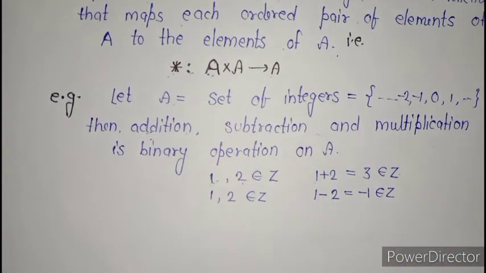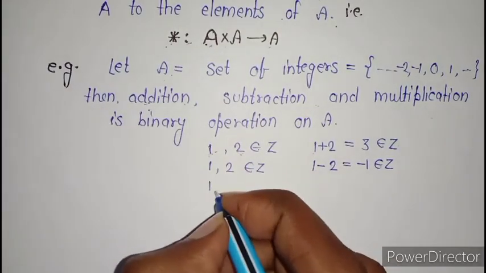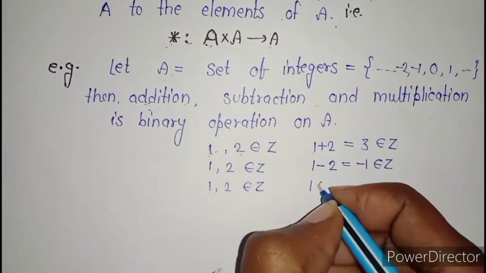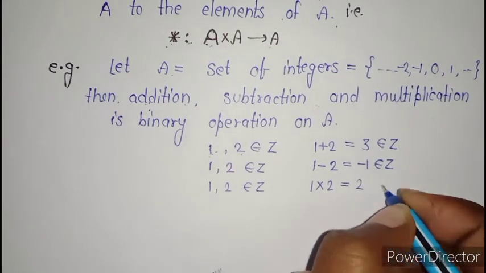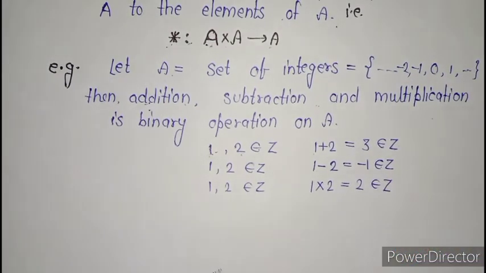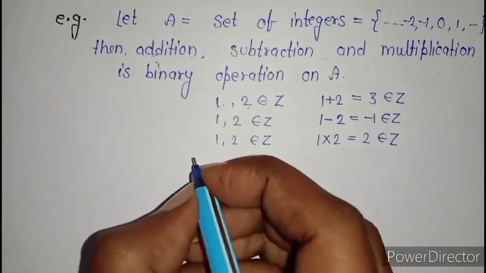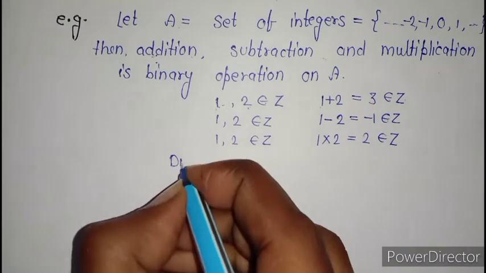For the same elements, if we see multiplication as a binary operation, then 1 into 2 is 2, which is again an integer. But if we take division, then division is not a binary operation on Z.